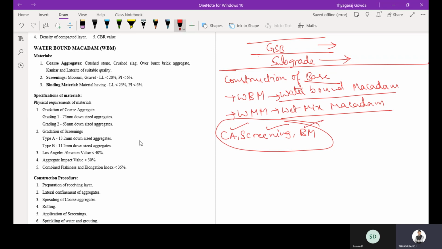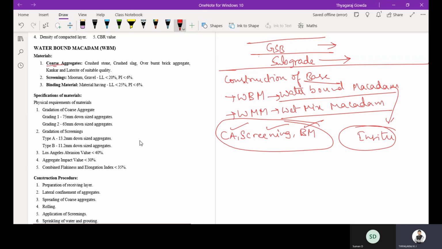One is coarse aggregates, screening, and binding material. What are the coarse aggregates we'll be using in the construction of waterbound macadam? Remember, waterbound macadam is an in situ method of construction. In the site only you are going to prepare the layer and construct it.